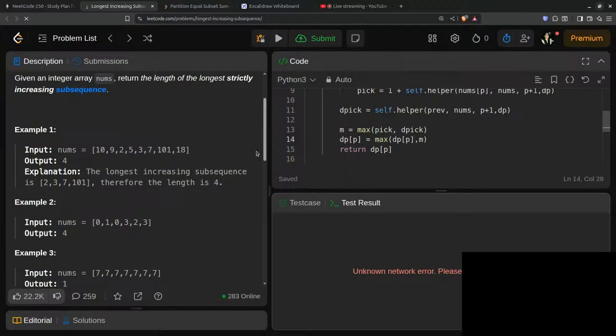Right? So I will never end up picking this element. It will always become 2 only. No, no, not necessarily.